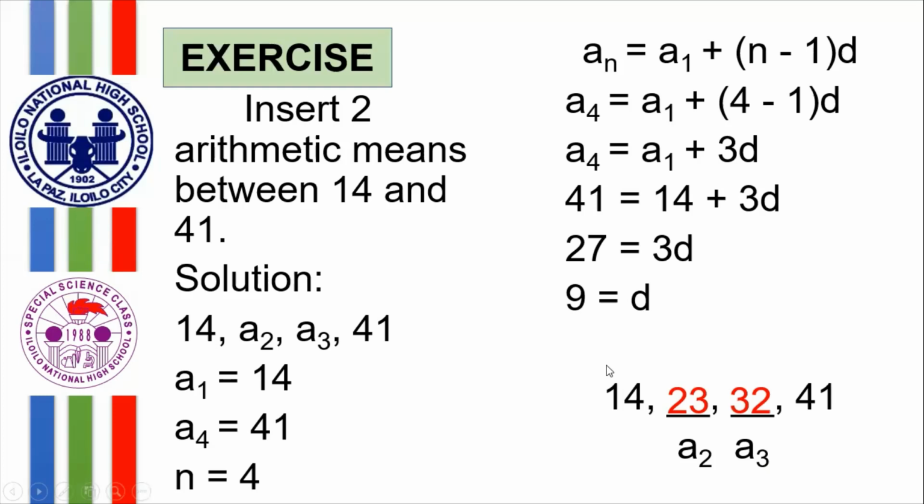So take note, your final answer here should be 23 and 32. If you included 14 and 41 as your final answer, then that is incorrect because 14 and 41 are arithmetic extremes. I hope you got it.